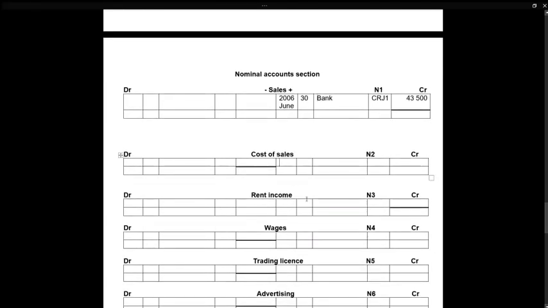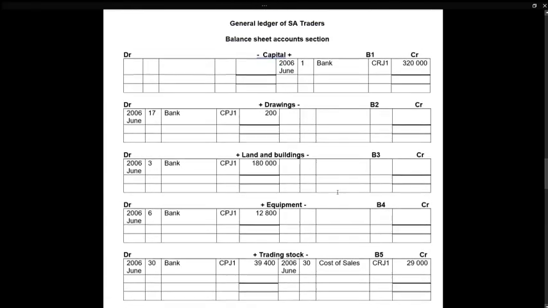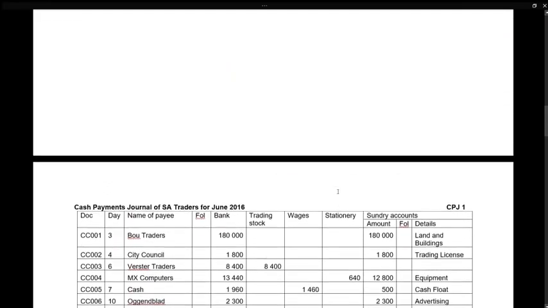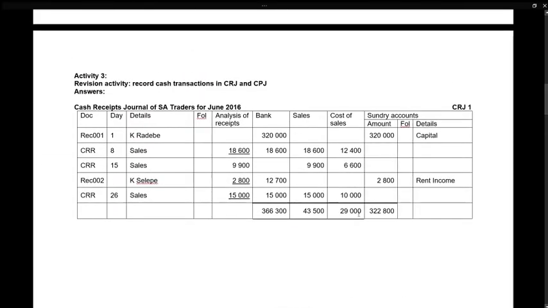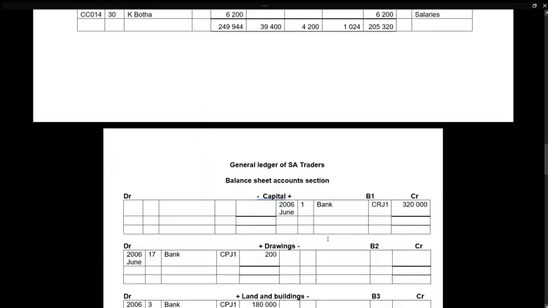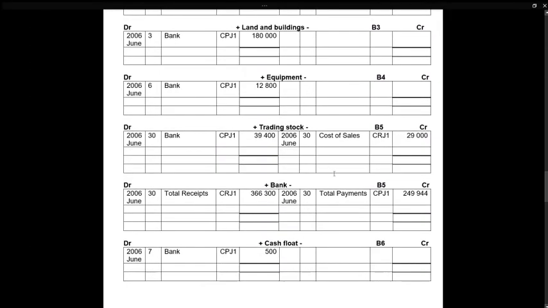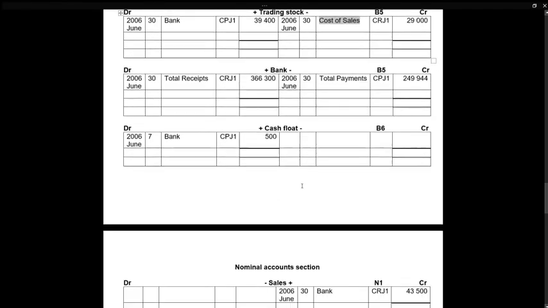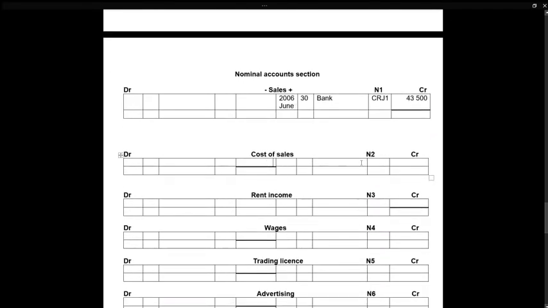Cost of sales. Remember that column was right next to my sales. Total 29,000 Rand. Remember I told you earlier in my trading stock account, it was being credited. Where will I find my debit? In my cost of sales column. Let me go and show you. 29,000 Rand.